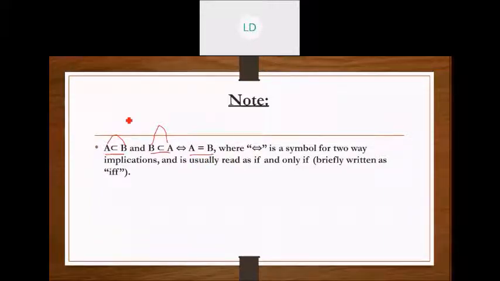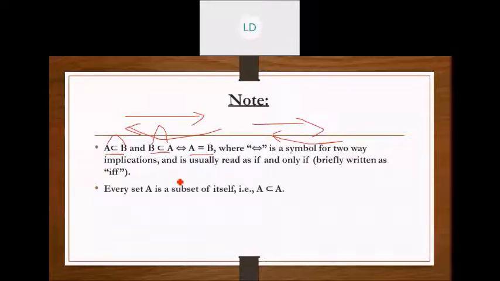So this is the forward condition. What is the reverse condition? If A equal to B, then A is a subset of B and B is a subset of A. So both the conditions are possible. If this means that, if that means this. So both conditions are possible. If and only if. So that is the meaning of if and only if. I hope you can understand.